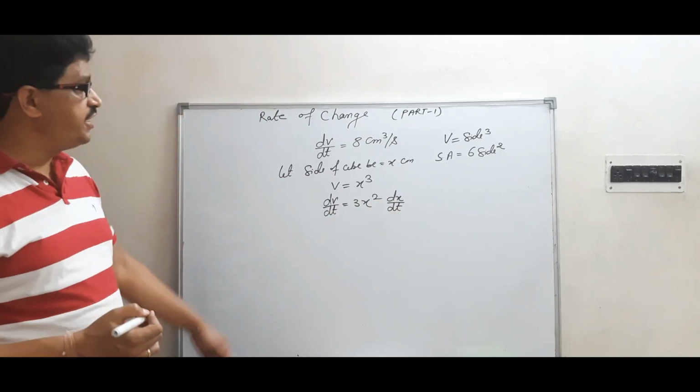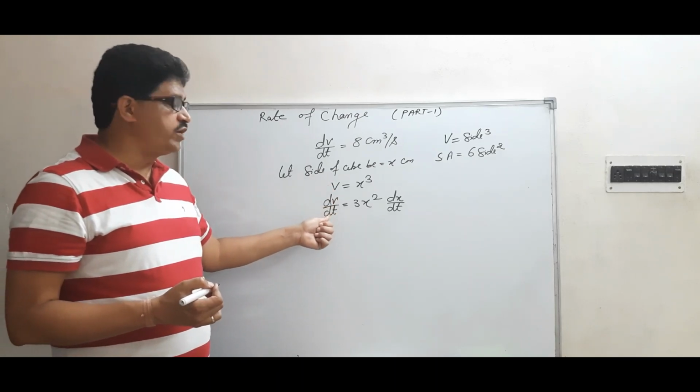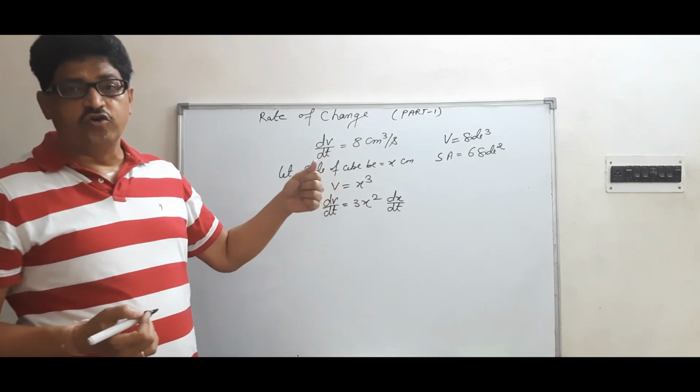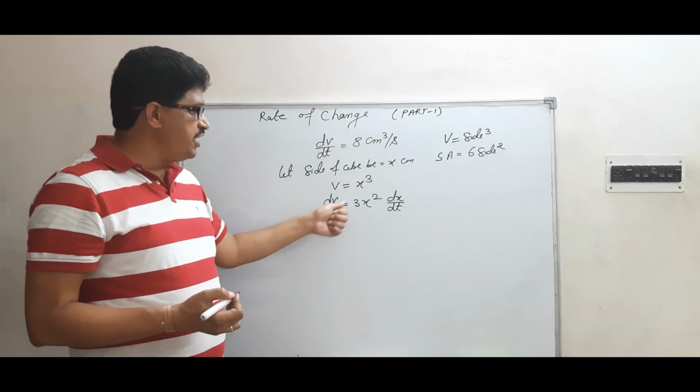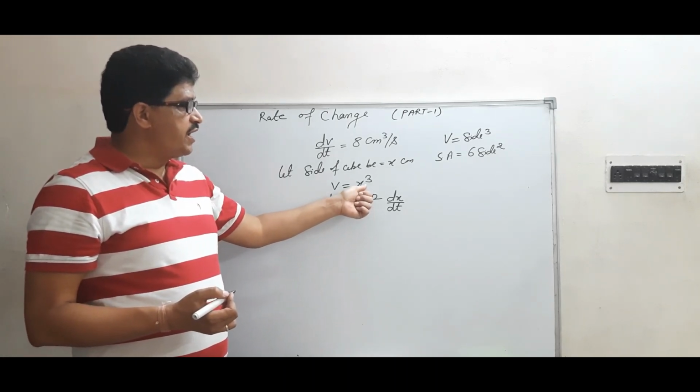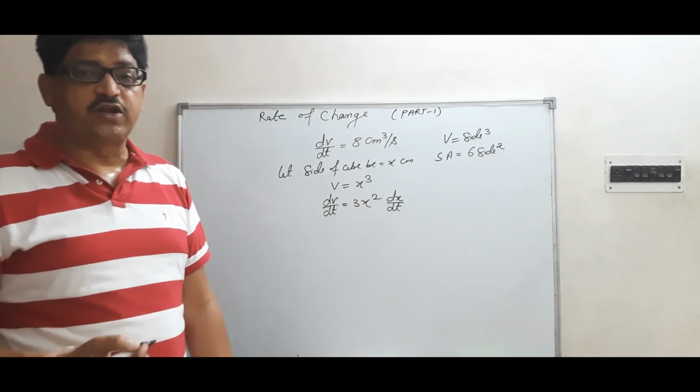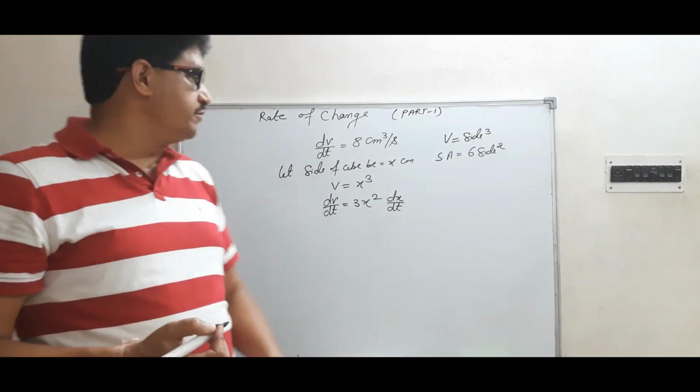So by differentiating volume with respect to time, we will get change in volume with respect to time. So dV upon dt is 3x square, and differentiation of x with respect to t is dx upon dt.